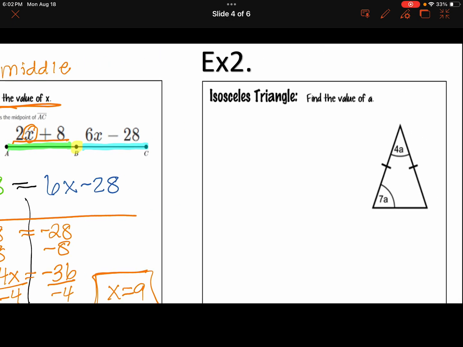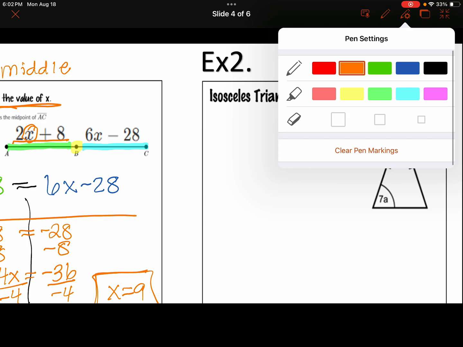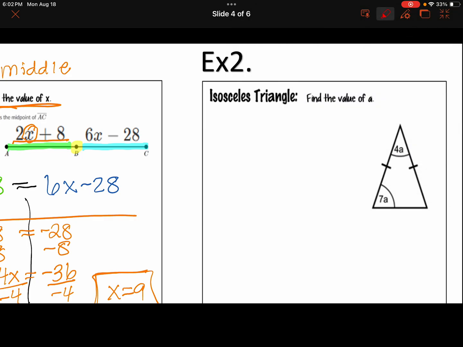Okay, another example, we've got our isosceles triangle. So remember from 7th grade math, isosceles triangles just means that these two sides are the same length, but it also means that these two angles are the same measurement. So if that angle is 7A, I also know this angle is 7A.